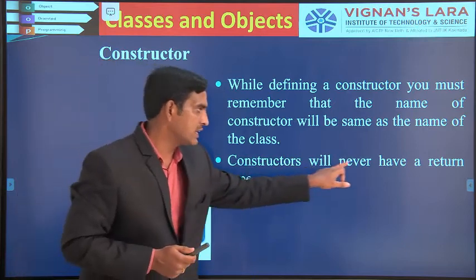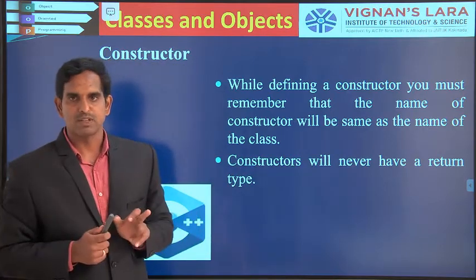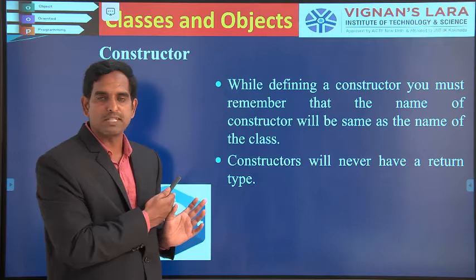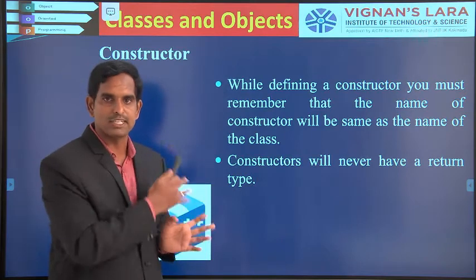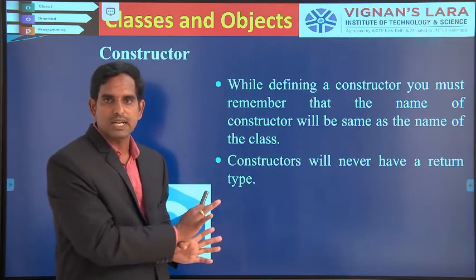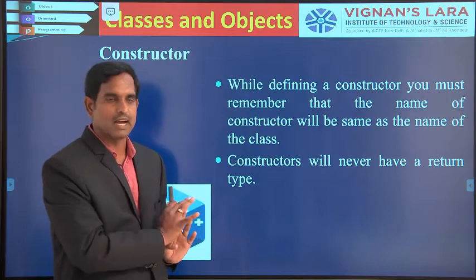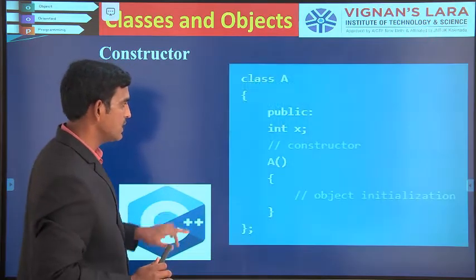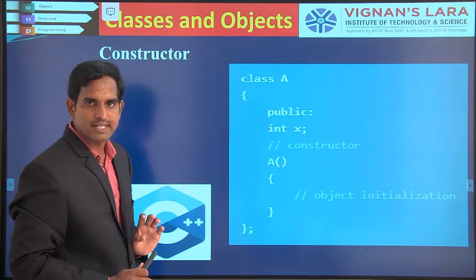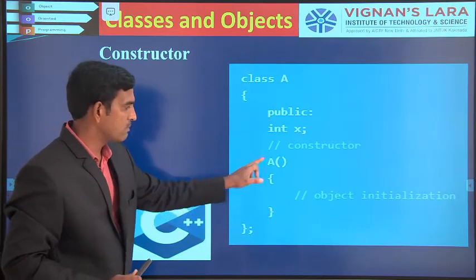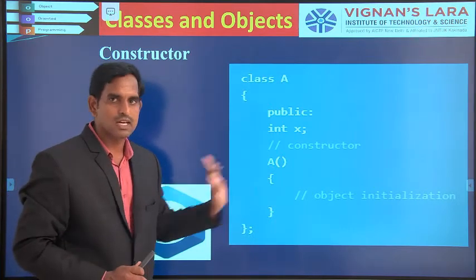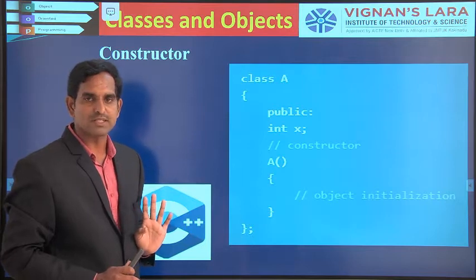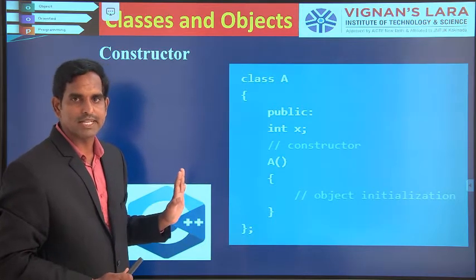The constructor will never have a return type. General functions or methods have return types like int or float, but this function doesn't have any return type. You haven't written any return type here. It is just the name of the function with the braces of a function. Remember that.